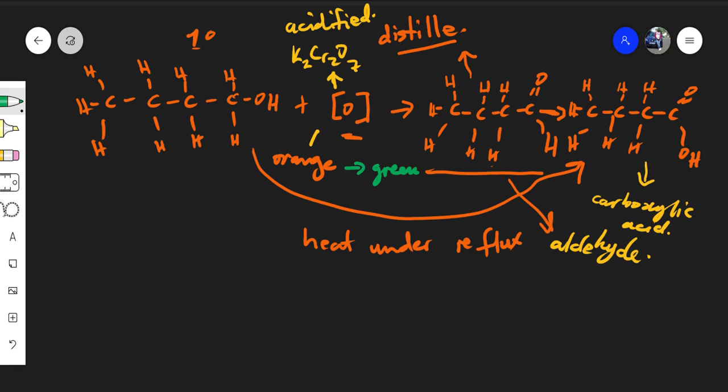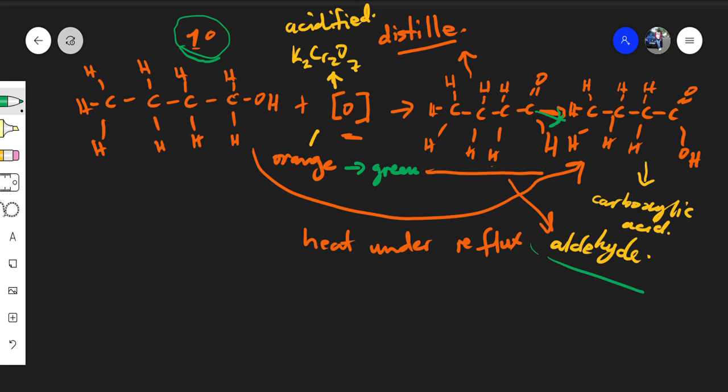So in a nutshell, when it is a primary alcohol, the oxidation happens in 2 stages. First of all, you form an aldehyde, right? And then the aldehyde will further oxidize to a carboxylic acid.